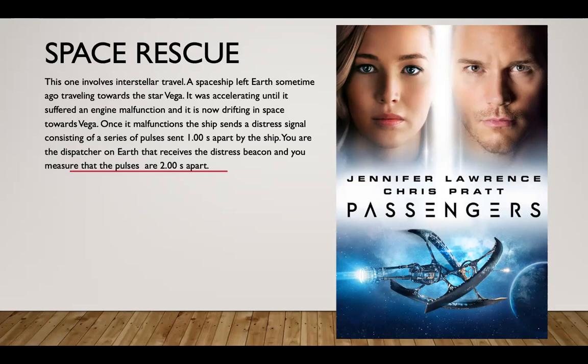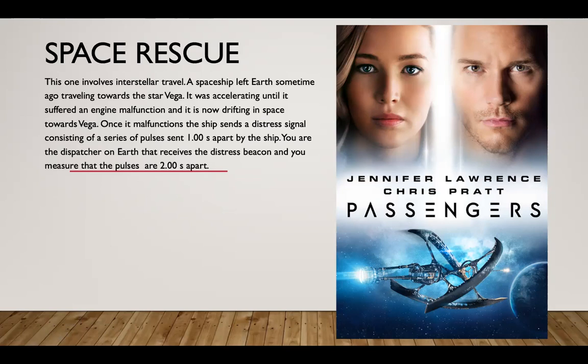What I wanted to do is look at this from a special relativity point of view and see how it could work. So we're going to have the same idea as there's interstellar travel. We have that the spaceship left Earth some time ago, and is traveling towards the star Vega. At the beginning the spaceship is just accelerating, right?